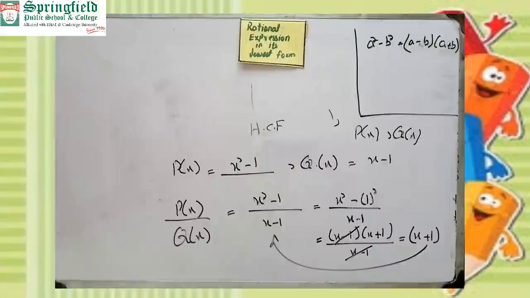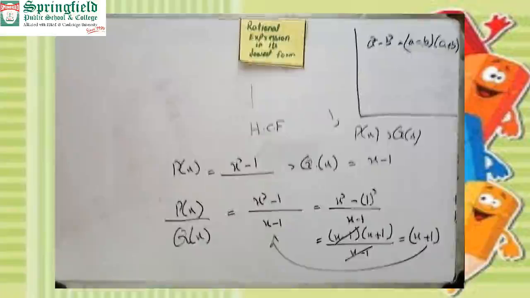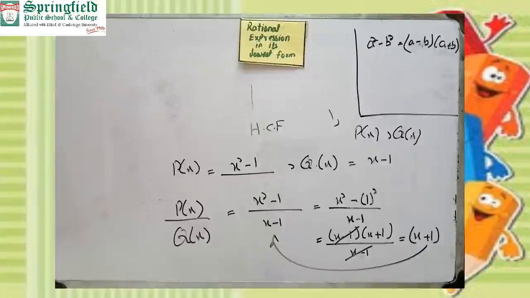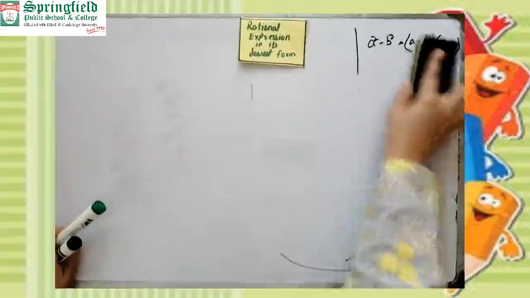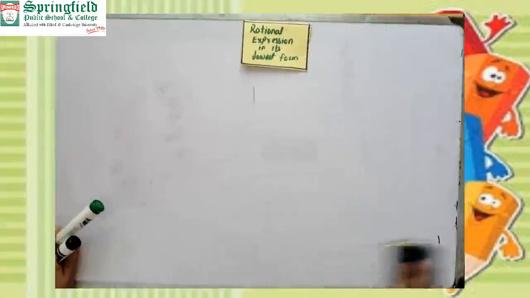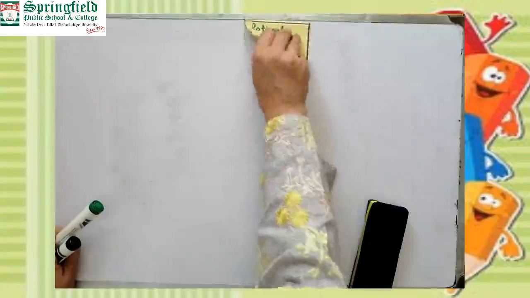Understood, beta? Okay. Now after the explanation, come on the examples. And the example number 1. Find page number 79. Page 79 and example 1.